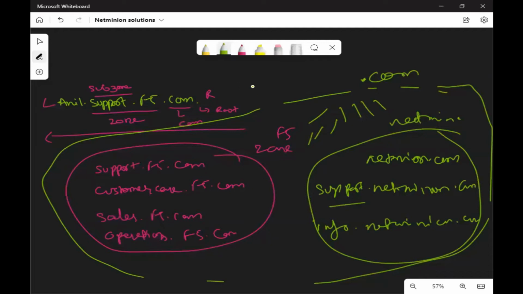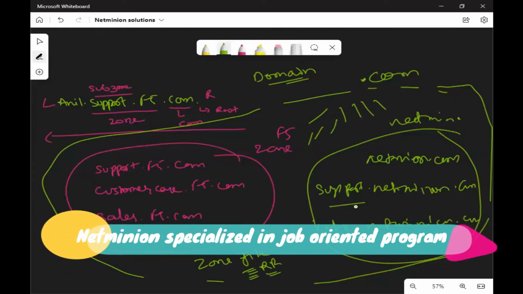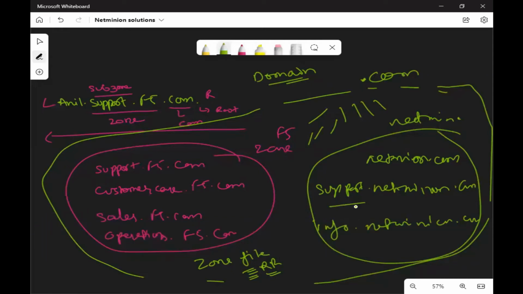So just understand it with the name domain, okay? Because zone is a file where we keep all the resource records. That is why I was interchanging these two words, but you just think of it as domain.